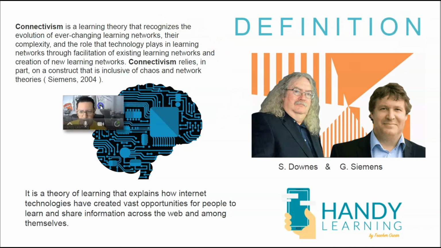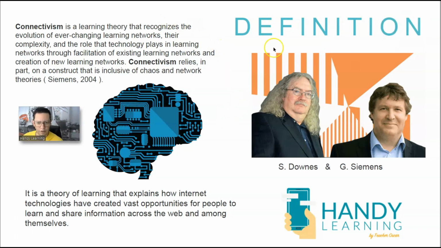First of all, we need to talk about the authors of connectivism. They were George Siemens and Stephen Downes, mainly. These two authors state that connectivism is a learning theory that recognizes the evolution that we have gone through in the aspect of education and the way that internet has helped to learn and to increase knowledge.